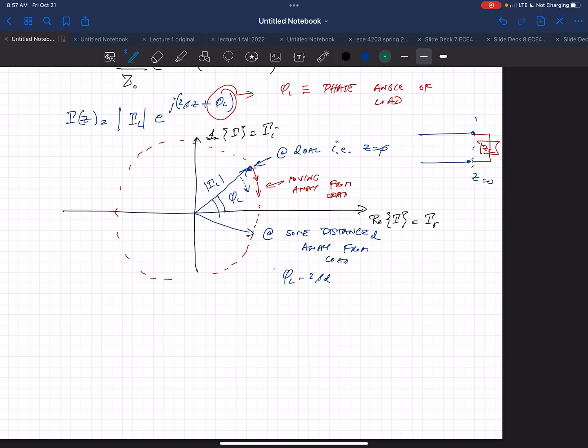So this total phase would be that, and then your amplitude would still be gamma sub L.